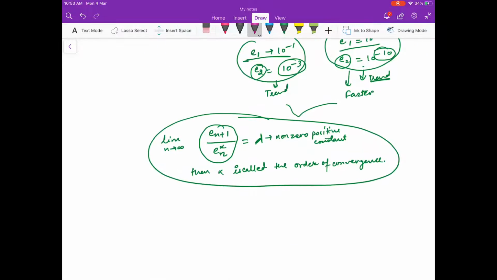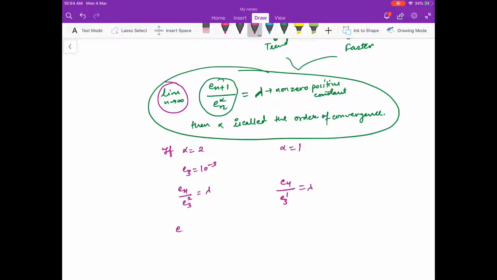Let us analyze this. Suppose alpha is equal to 2 in one case and alpha is equal to 1 in the other, and E3 is 10 to the power minus 3. If you forget about the limit, then E4 upon E3 raised to power 2 is equal to lambda, and here you have E4 upon E3 raised to power 1 is equal to lambda.